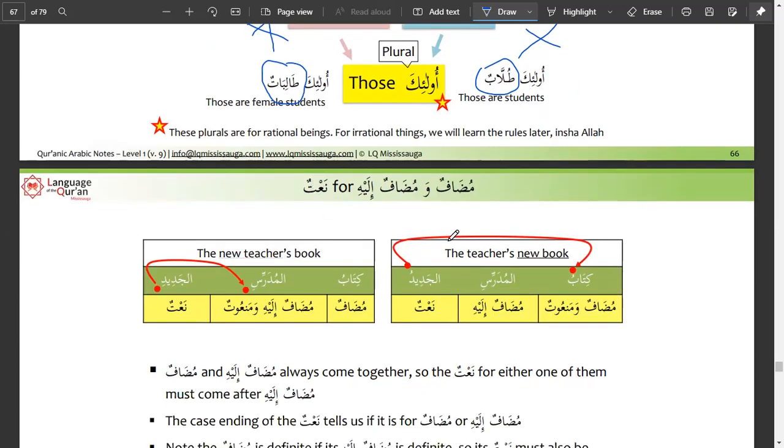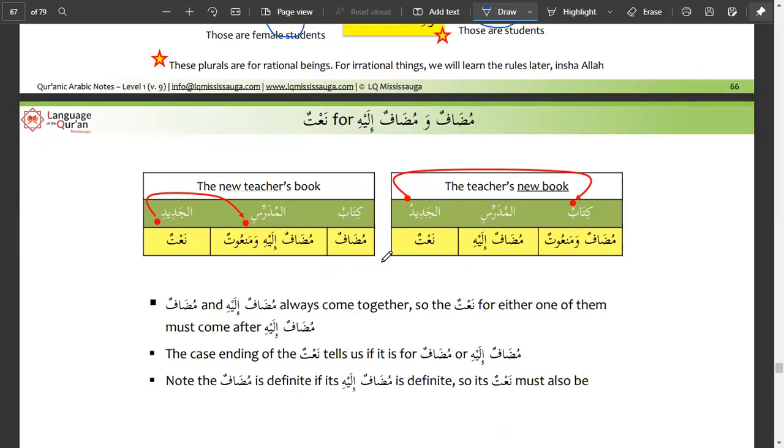And the next is mudaf and mudaf ilay. Kitabul Mudarrisil Jadidi. And the second is Kitabul Mudarrisil Jadidu. We have to understand this one. What is the difference?